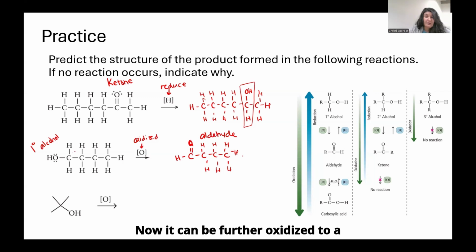Now it can be further oxidized to a carboxylic acid in the presence of water. Most of the time, it keeps going to the carboxylic acid. There are some reagents that you can put in to make it stop at the aldehyde stage. But if we just assume that it goes the one step, it goes to an aldehyde.